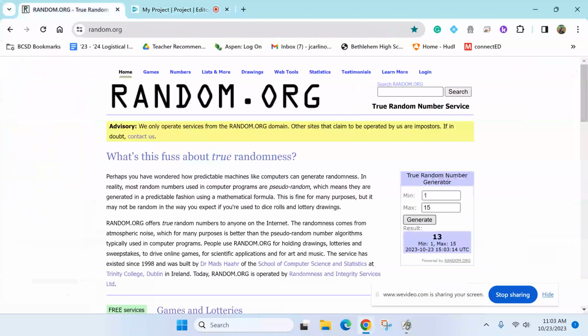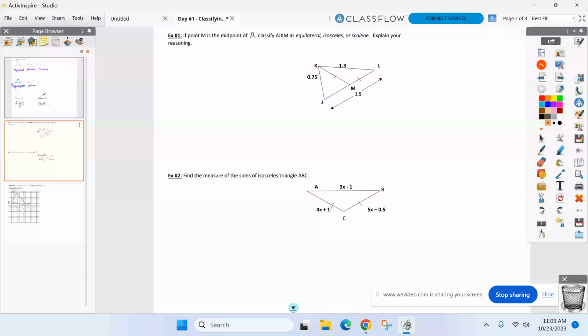Good. JM and LM. Wait a second. LM was already congruent to KM. So by substitution, I think JM and KM are going to be equal too. All right, good.